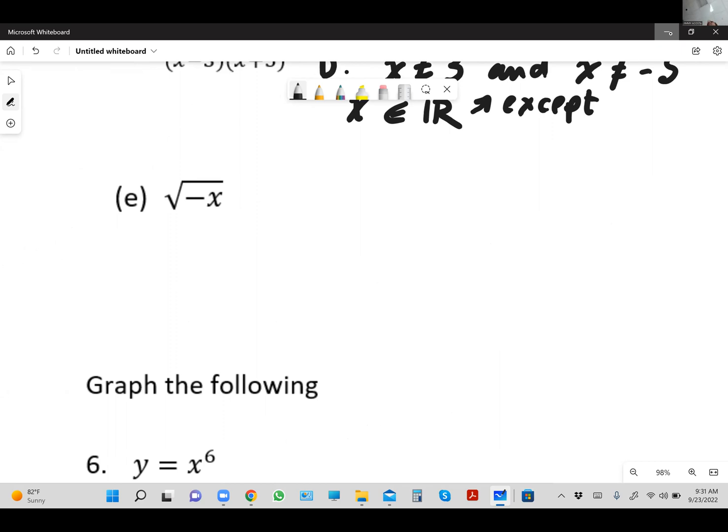Look at the next one. What values can I not have there? Can I pick a positive x? No. Can I pick 0? Are you sure you can't pick 0? You can't put a 0 in a square root by itself? What's the square root of 0?